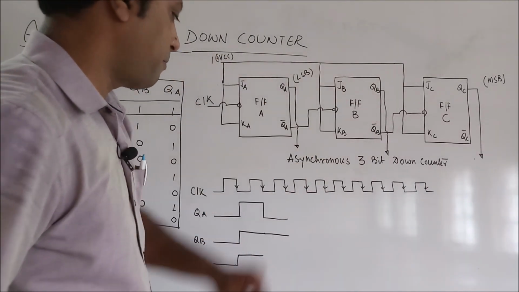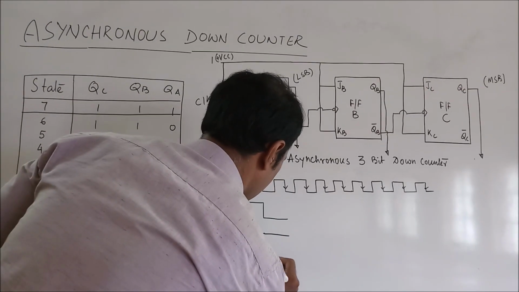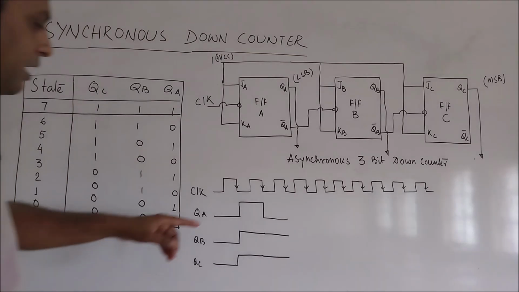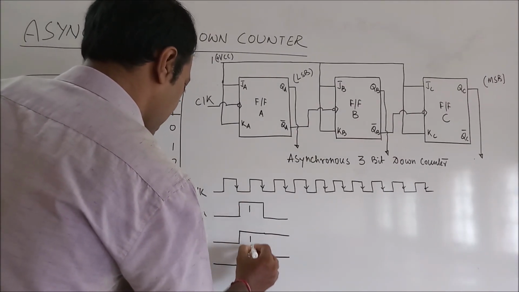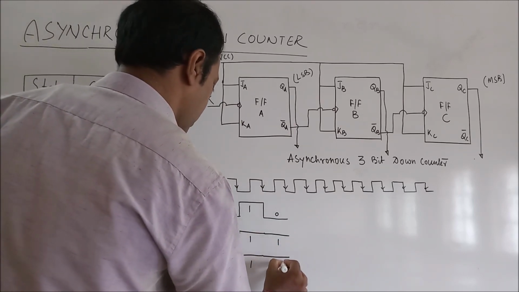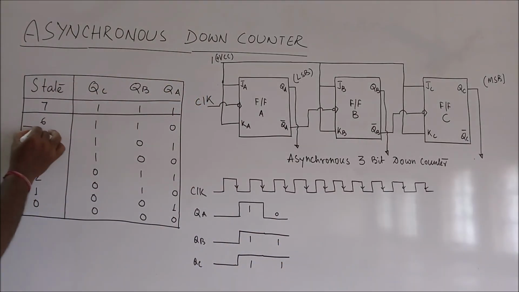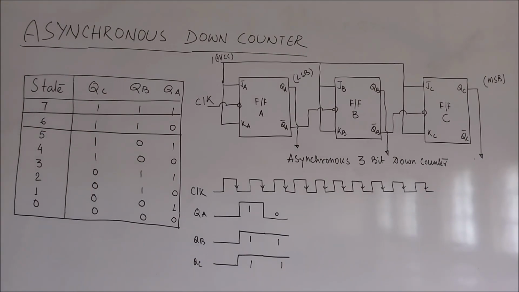So QB remains in the same state, and QC is also in the same state. Here it was 1 1 1, now it is 0 1 1. The second output state matches after the second clock pulse.